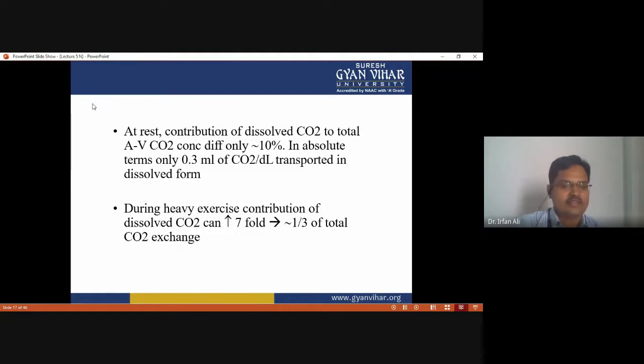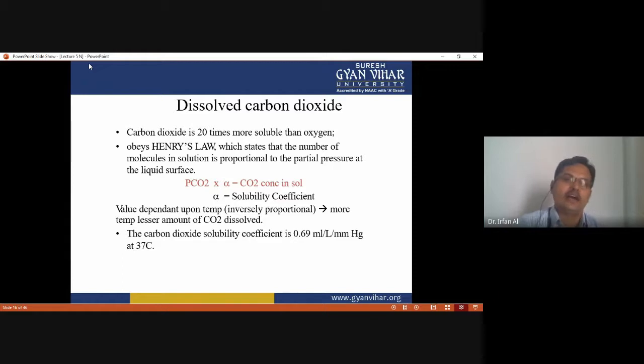During heavy exercise, the contribution of dissolved carbon dioxide increases up to sevenfold, and is approximately one third of the total carbon dioxide exchange, since carbon dioxide is 20 times more soluble than oxygen. Okay.